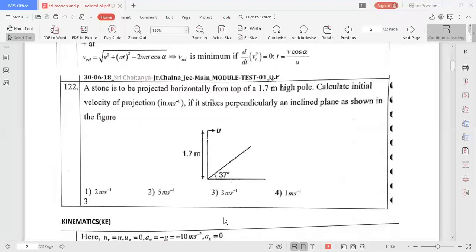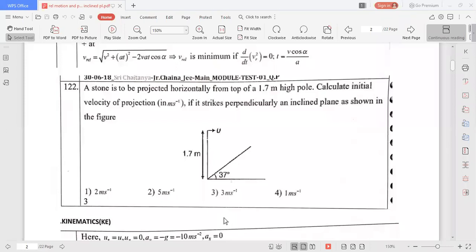Then the velocity component in this direction is u cos 37, and in this direction u sin 37. That means parallel to the x-axis the velocity component is u cos 37, and perpendicular to the x-axis, along the y-axis, it is u sin 37. This is the known information.